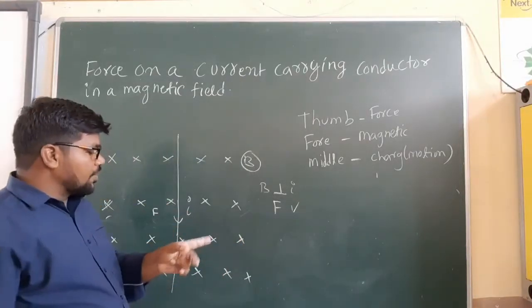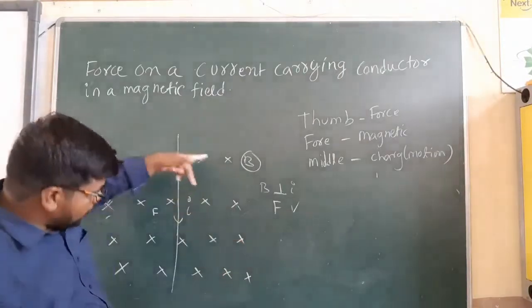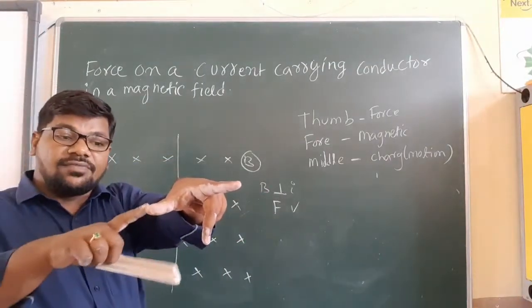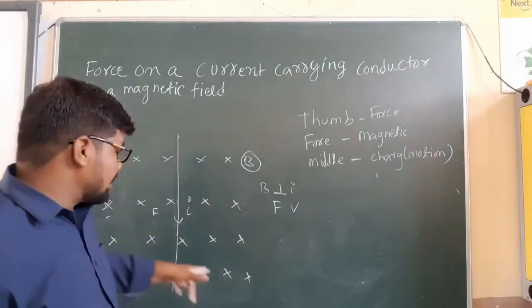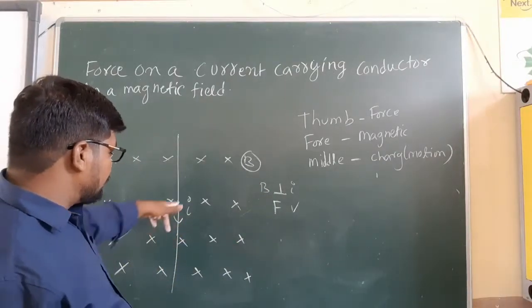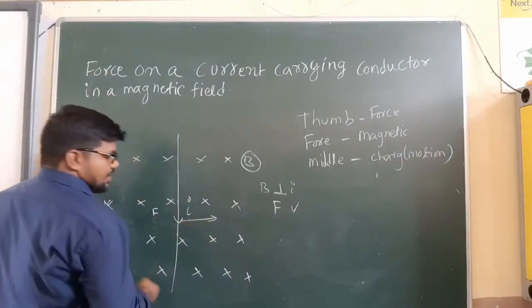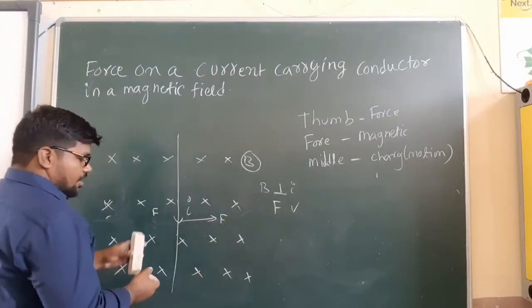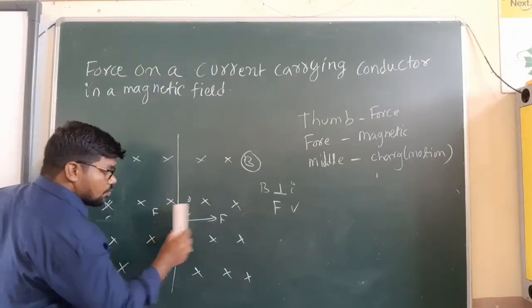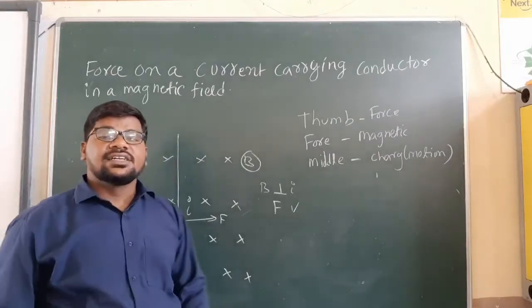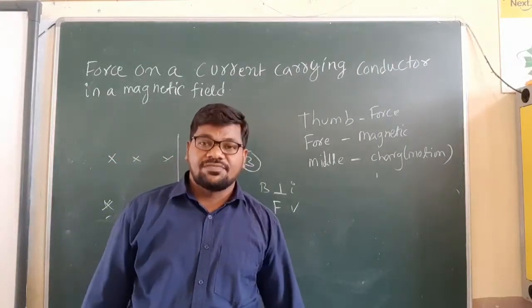Forefinger into the pole, middle finger downward. By arranging this, the thumb finger indicates the direction of the applied force, into the board downward like this. Here the force is applied in the rightward direction. The current carrying conductor moves rightward according to Fleming's left hand rule.